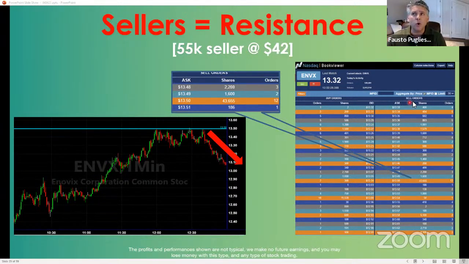Well, if you looked over here on the sell side on the NASDAQ exchange, you will notice you'll have a 43,000 share seller out there. Kind of makes sense. I don't think a 400 share seller is going to push it down, maybe not even a 1,600.